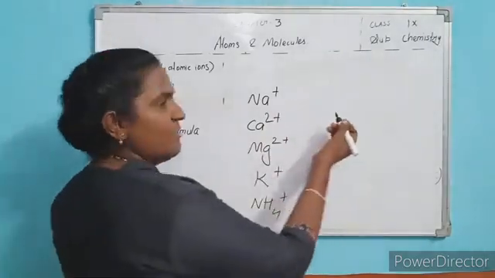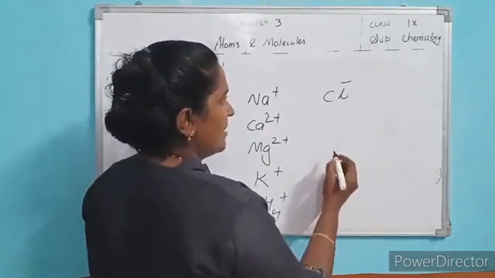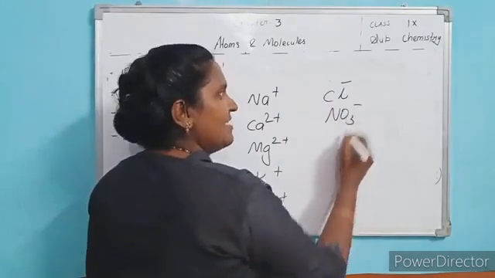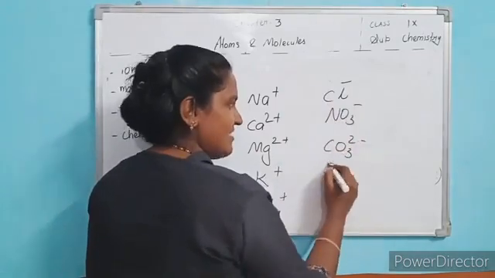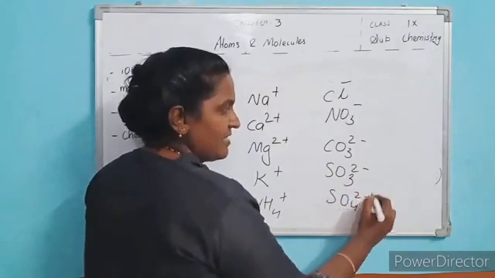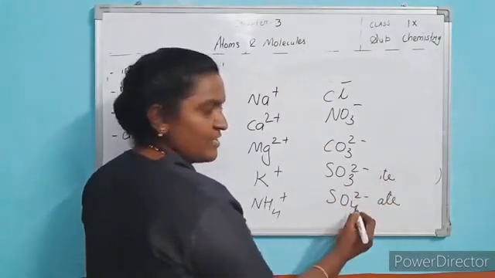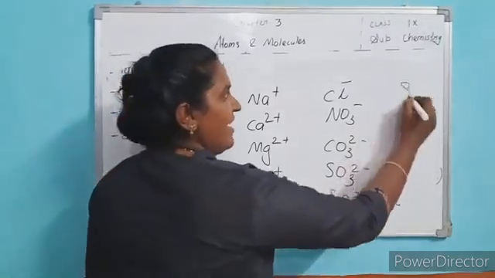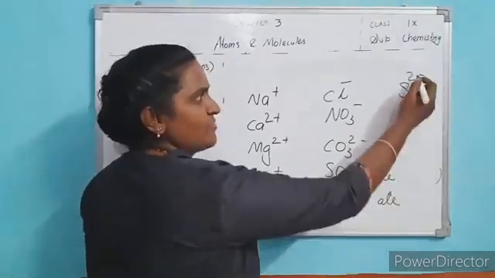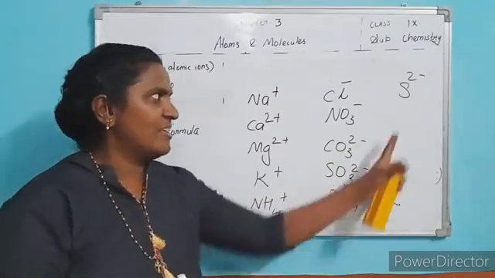And some of the negative radicals are given: Cl minus, nitrate, carbonate, sulfite, sulfate. This is called sulfite, this is called sulfate, SO4 is called sulfate, and sulfide. All S groups are 2 minus, remember.